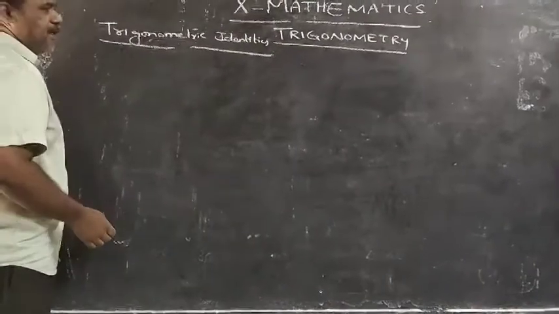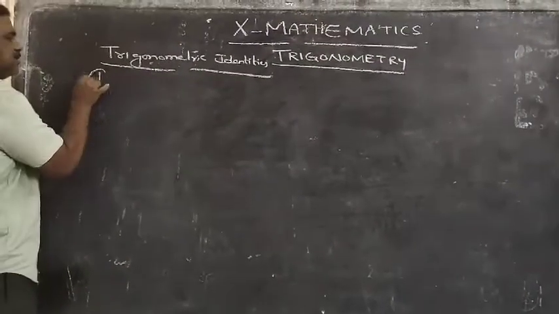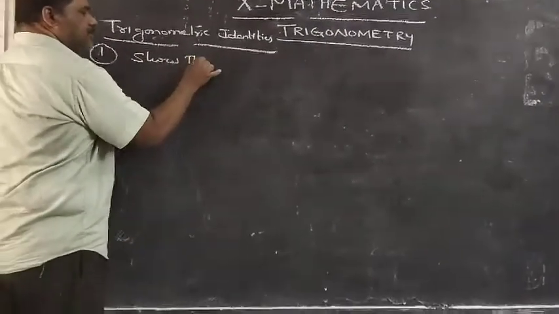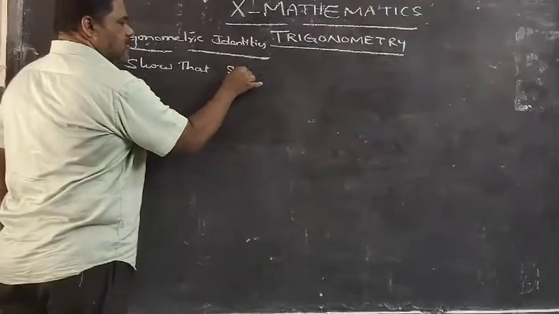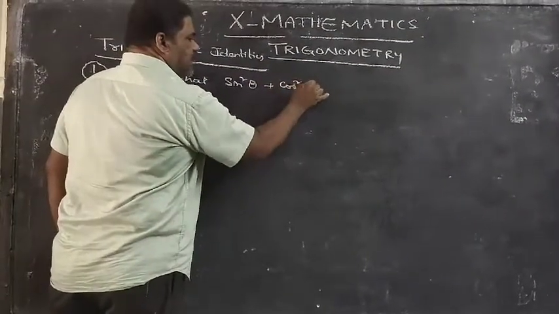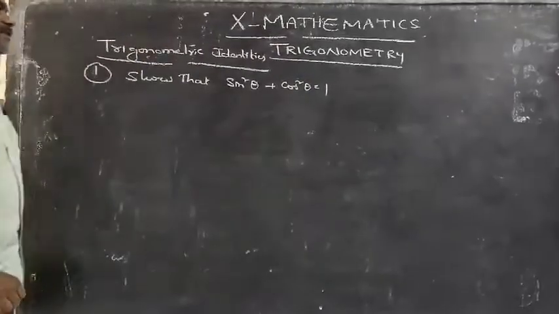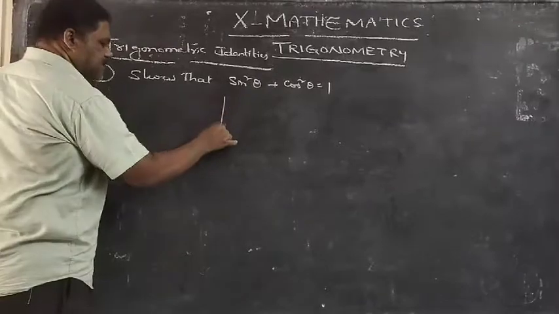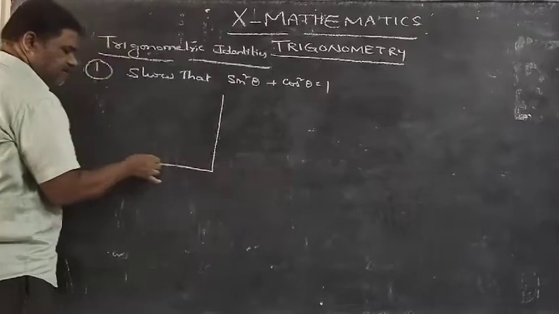There are three trigonometric identities. First one is show that sin square theta plus cos square theta is 1. This is the first trigonometric identity. Let us consider a right angle triangle.